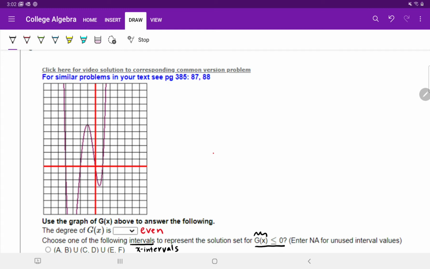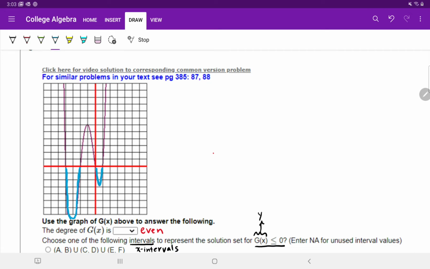So g of x, those are y values. And for our y values to be less than or equal to 0, we're looking for the places where our function dips below the x-axis. So it would be all of these right here.